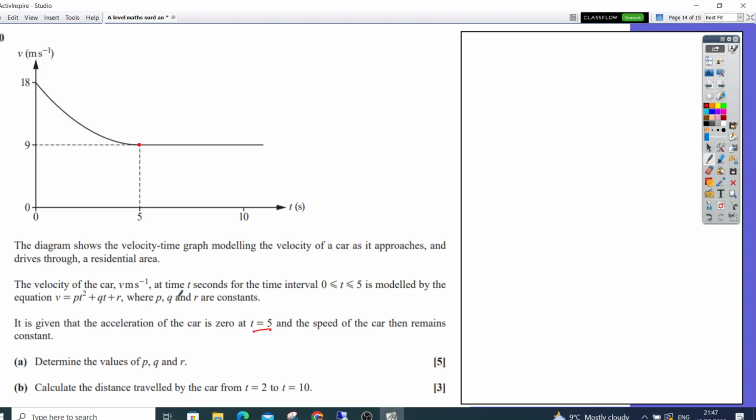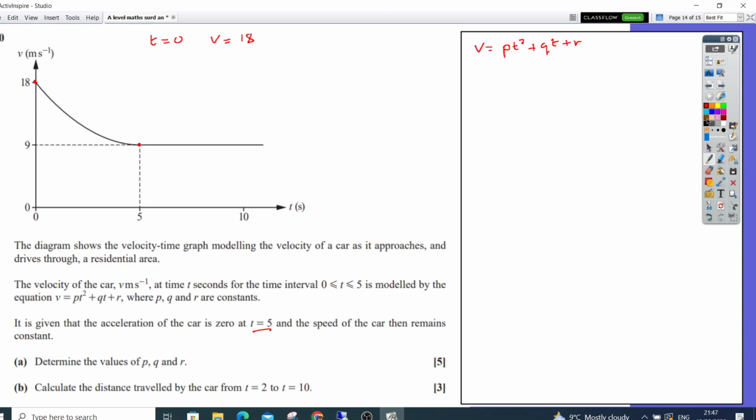Now, to get that, we need 3 facts because there are 3 unknowns. The easiest one to do is this one here, when time is 0. When t is equal to 0, the velocity is going to be 18. So I've got v is equal to pt squared plus qt plus r.